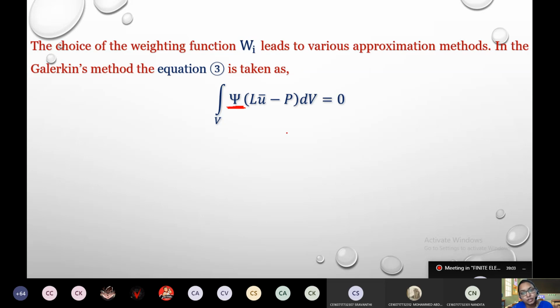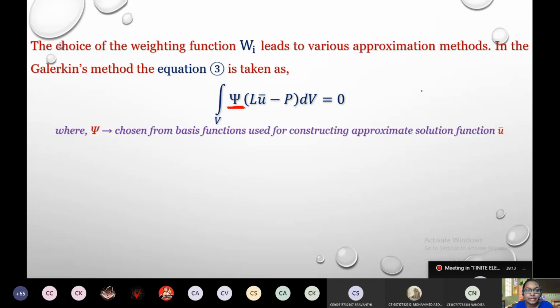What methodology is used to reach this psi, we will see now. You can write down what psi is: psi is chosen from the basis functions used for constructing the approximate solution for u bar.